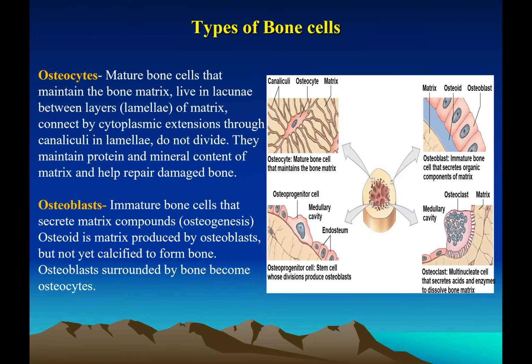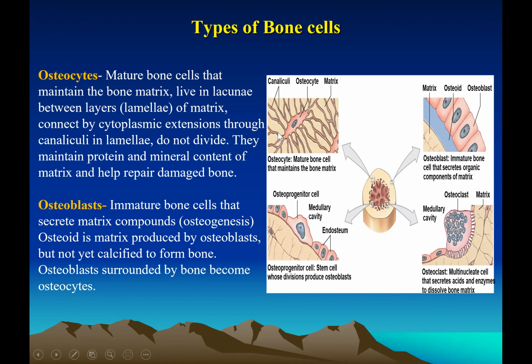The four main types of cells that you find in bone are osteocyte, osteoblast, osteoprogenitor cell, that is the stem cell, and osteoclast. These are the four different types of cells found in a bone. Here in the cross section of the bone, this figure is showing where these cells are found.